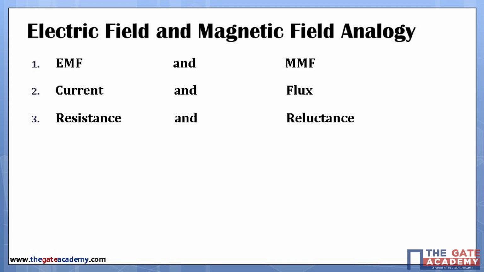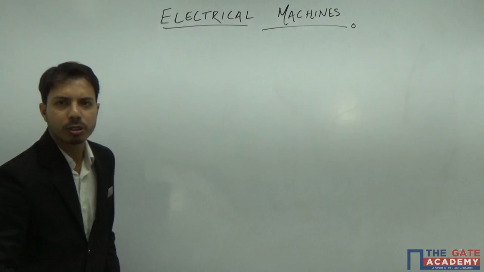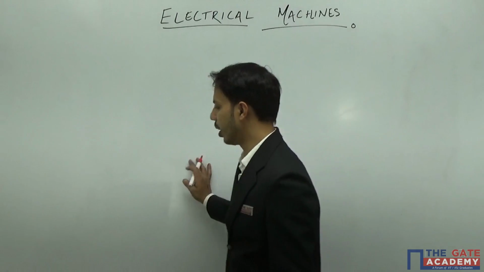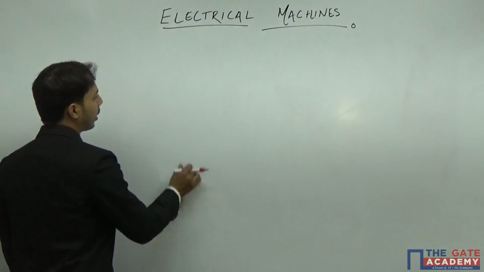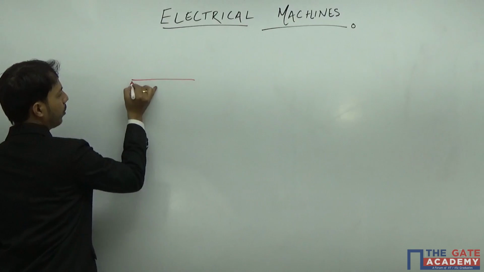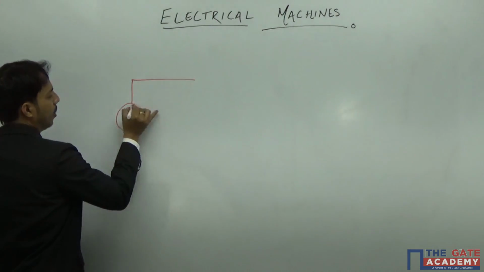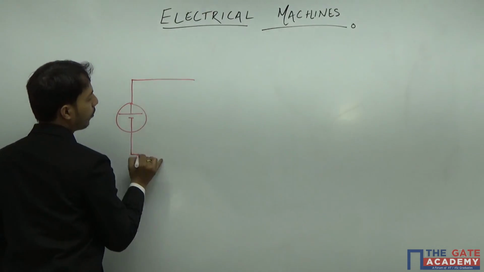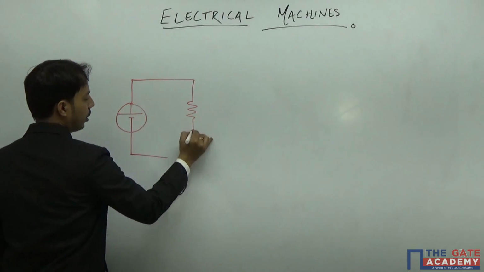Let us understand the next topic, the analogy between the electric field and magnetic field. The electric circuit will be given by this is my EMF, and I have a resistance here.